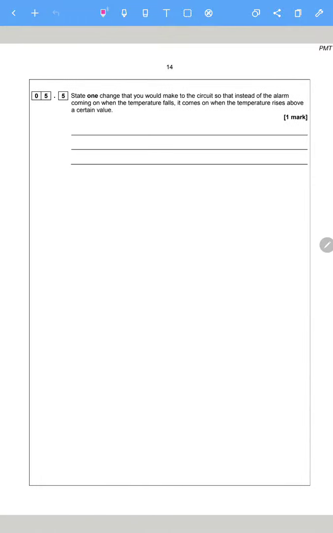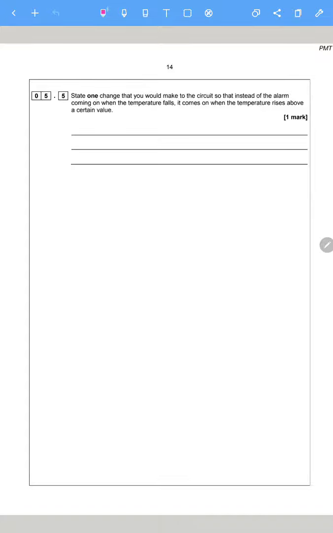The battery has that many volts, at a temperature of 0 degrees the resistance is that many ohms. The voltmeter is replaced by an alarm which sounds when the voltage exceeds 3. Calculate the resistance R that would cause the alarm to sound when the temperature is lowered to 0. No clue.